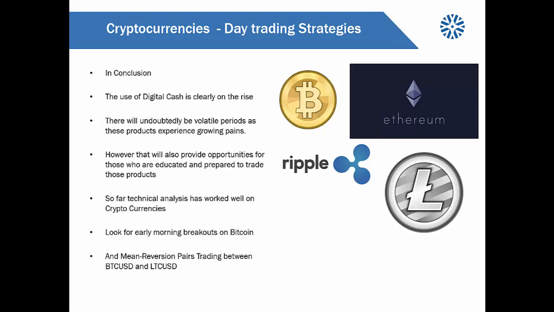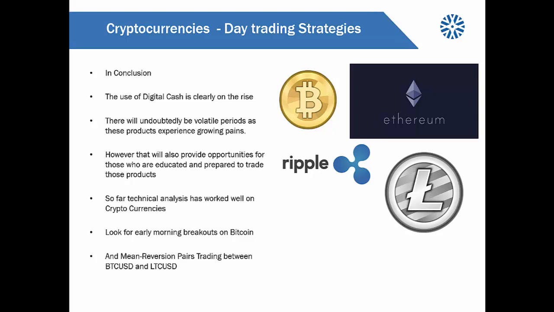So, in conclusion for the slides, ladies and gentlemen, the use of digital cash, digital currency, is clearly on the rise. They are here to stay. There have undoubtedly been volatile periods as these products experience growing pains. However, those growing pains also provide opportunities for those who are educated and prepared to trade those products in line with good cryptocurrency trading strategies.